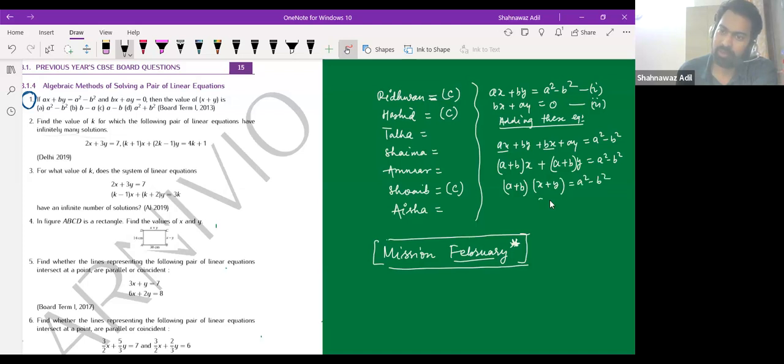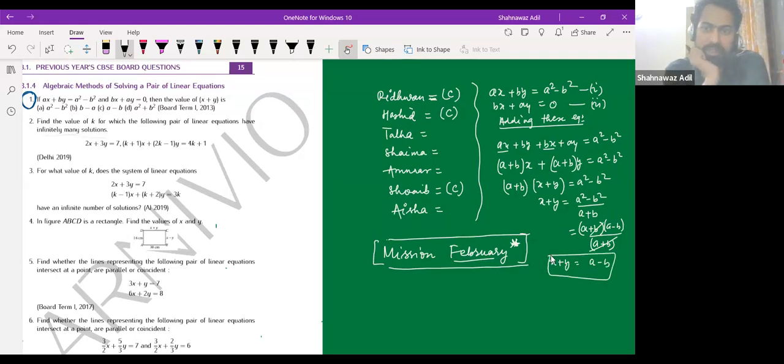Then x plus y is how much? So a square minus b square is a plus b, a minus b, and a plus b. So this part cancels out, and x plus y is a minus b. Right, everyone? Is this clear?